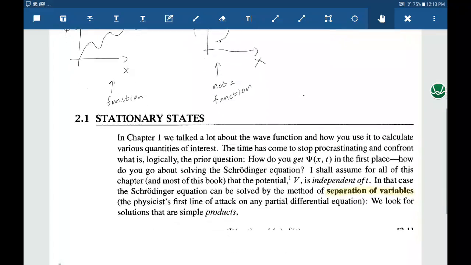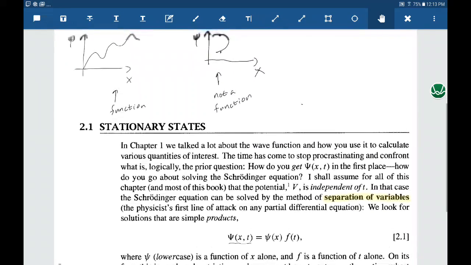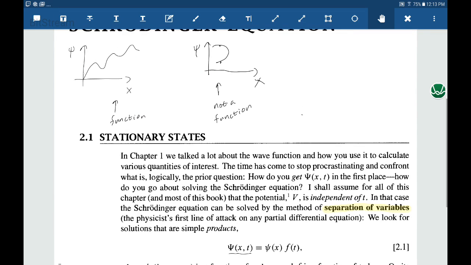I can have another dimension out there. I could draw, say, a dimension coming out of the page, which is time, and my psi would also be a function of time, meaning that this function would exist in the space coming in or out of the page.